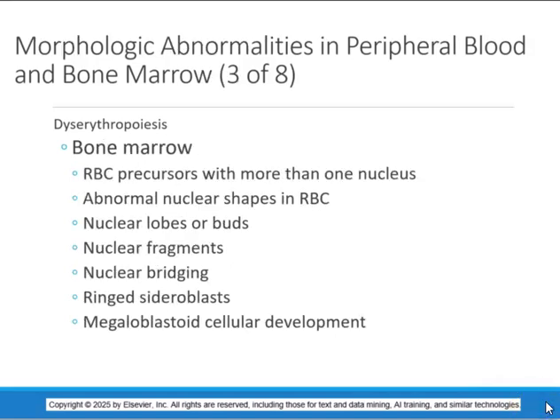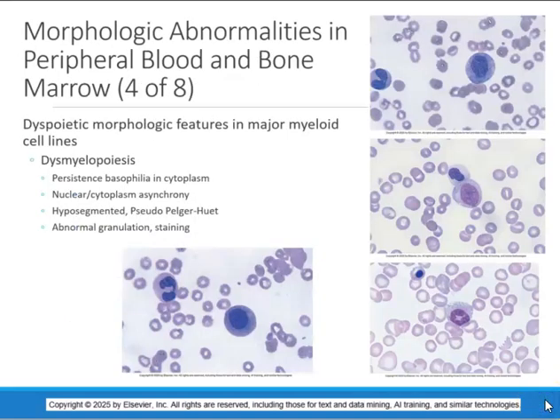And in the bone marrow, the multinucleated, abnormal looking shapes, the nucleus is all kinds of stuff. It's got different lobes, budding off, bridging, and the ring sideroblast. So that's why those pictures are there, so you can see them.